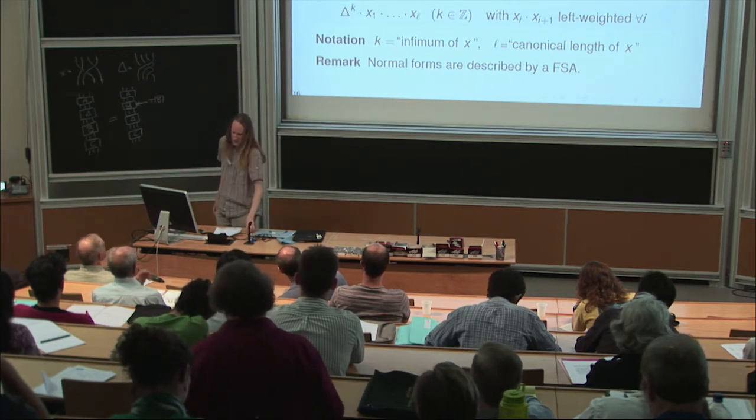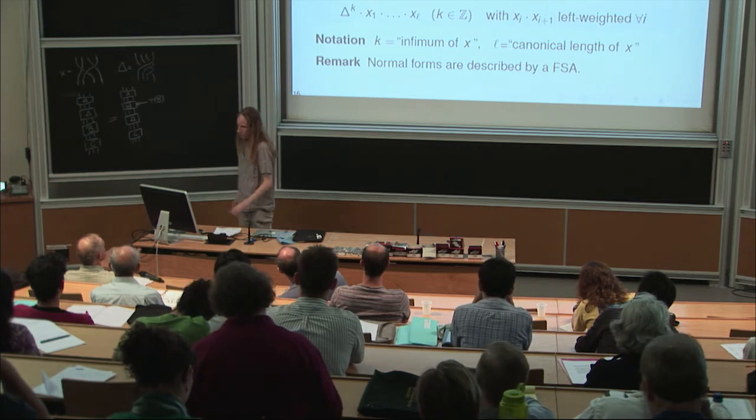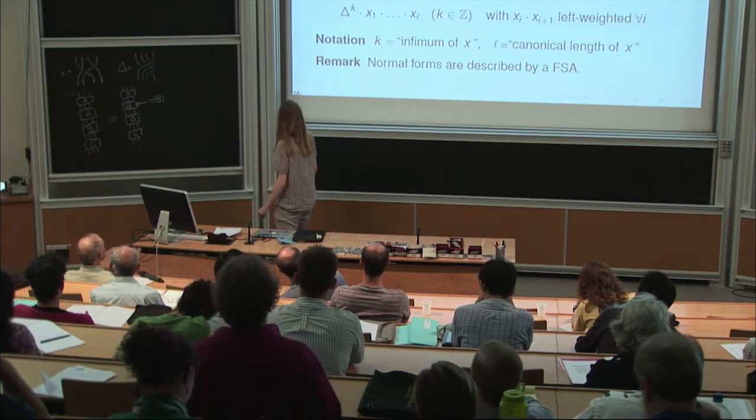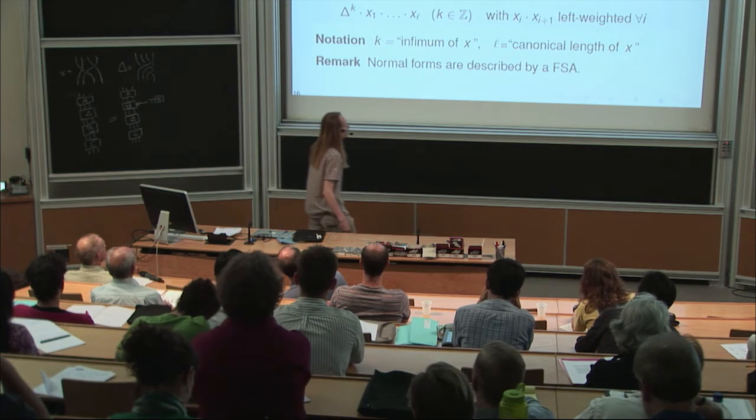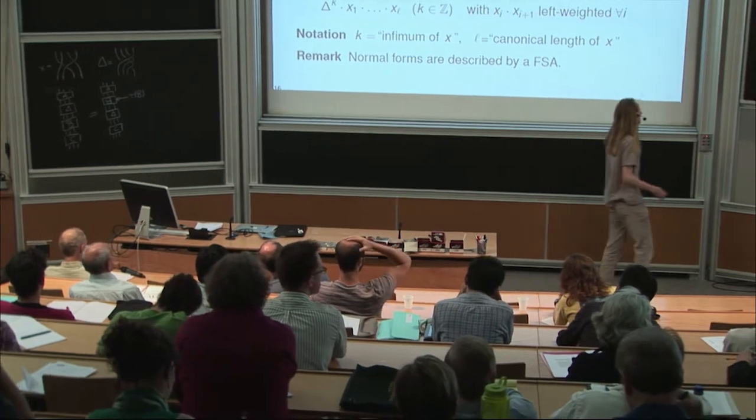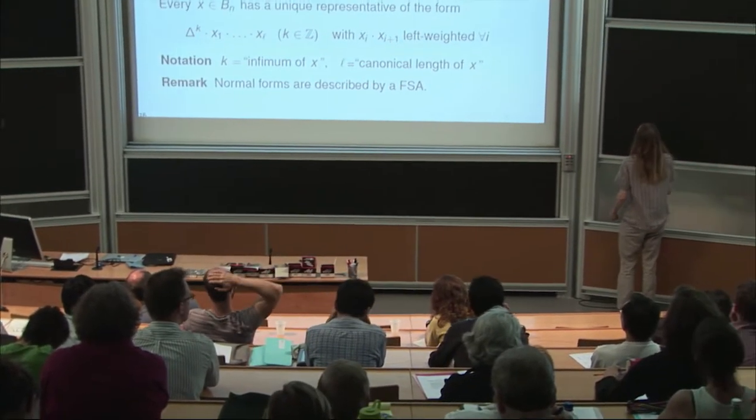Another way to see this is that normal forms are described by a finite state automaton. Let me give you the automaton in the case n equals 3.